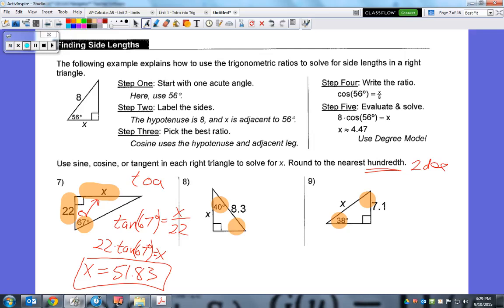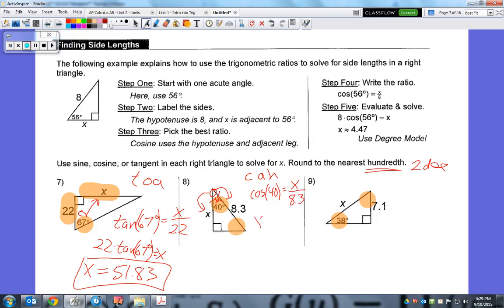Okay, so the next one we are looking for again is x. We put our body where the angle is at. The adjacent leg is x, so A for adjacent. The hypotenuse is 8.3, so this is not tangent. This is going to be CA, because remember, SOHCAHTOA. So the cosine of 40 degrees is equal to the adjacent over the hypotenuse.